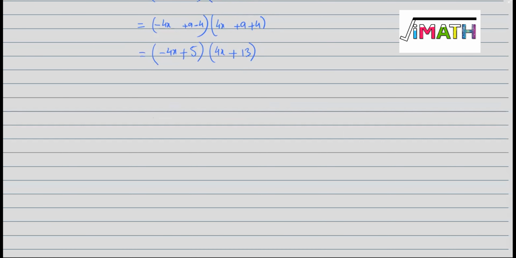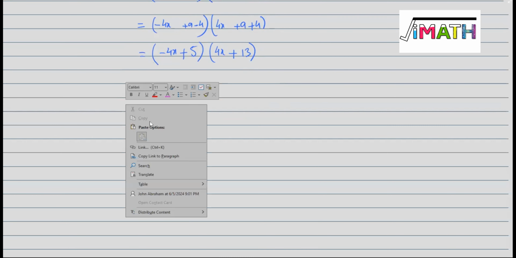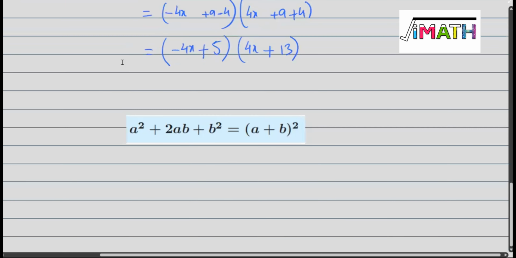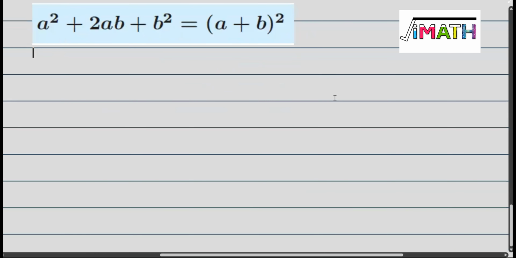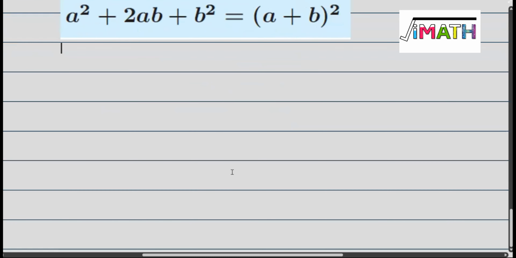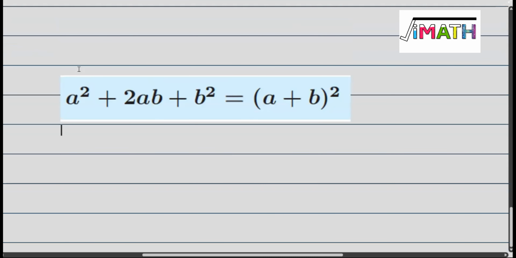Okay, so this is the formula that we're going to use. I would give you the right hand side and you would give me the left hand side.